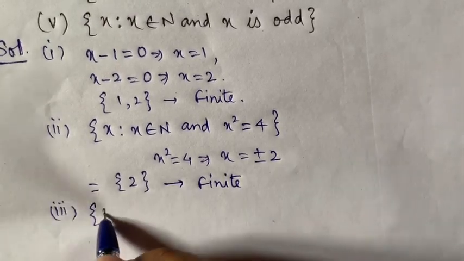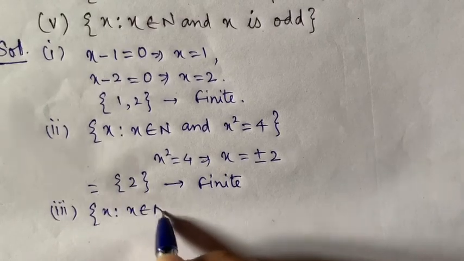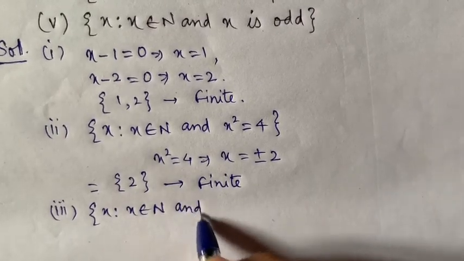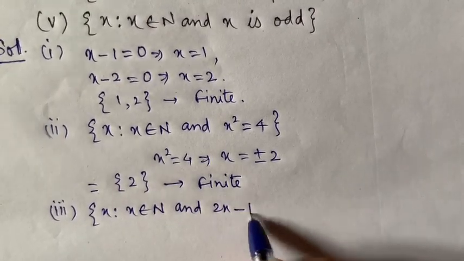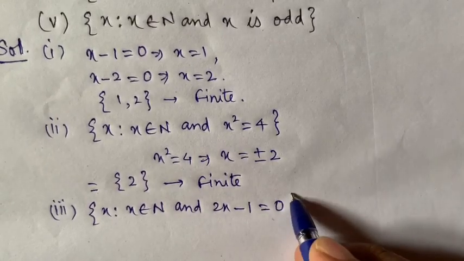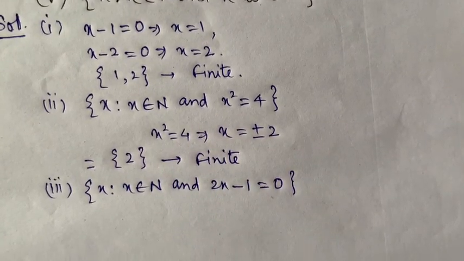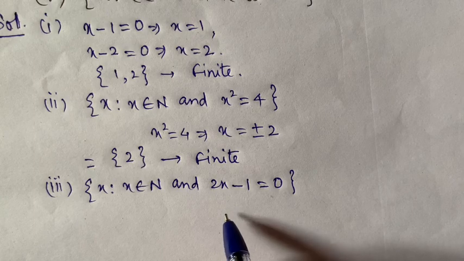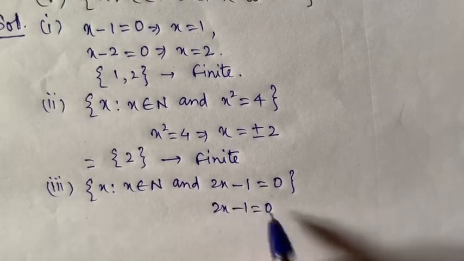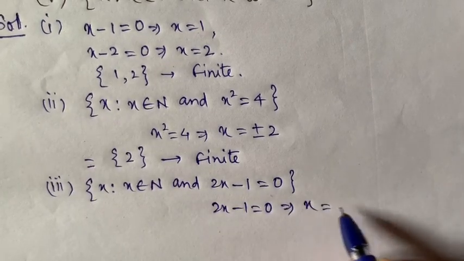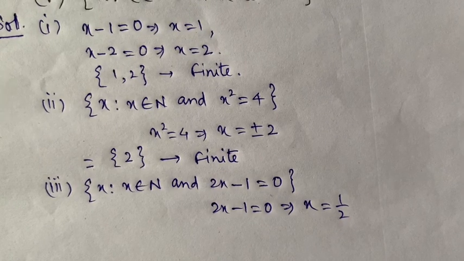Third part is x such that x belongs to the set of natural numbers and 2x minus 1 is equal to 0. Now we will solve 2x minus 1 is equal to 0. When solved, it will give us 1 by 2.